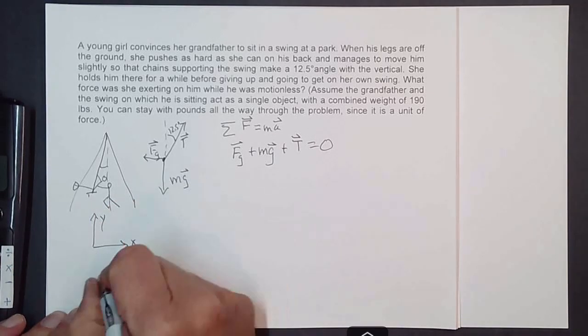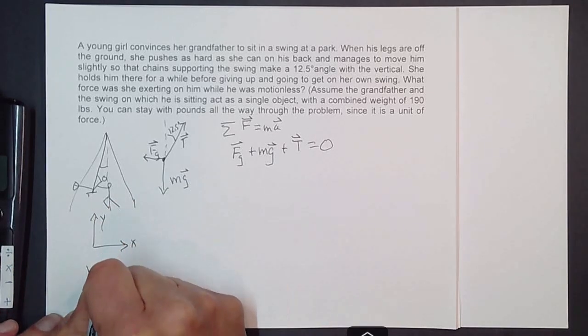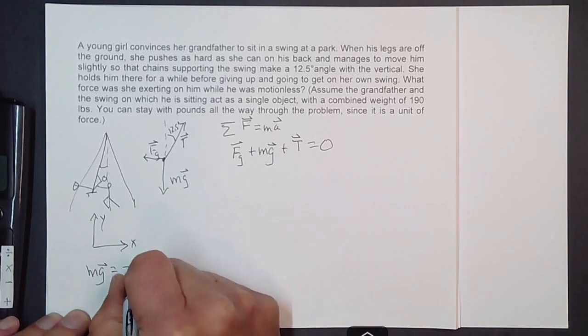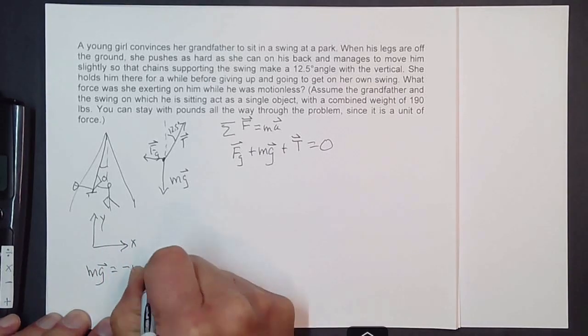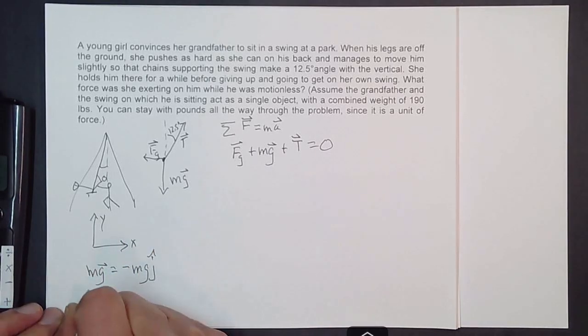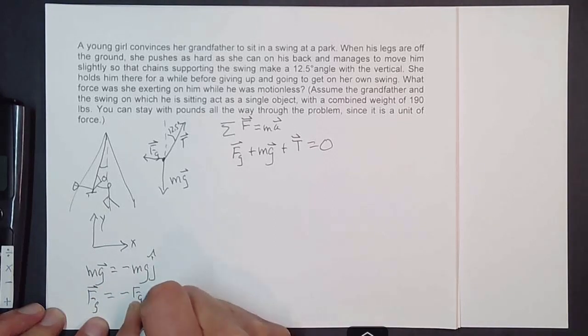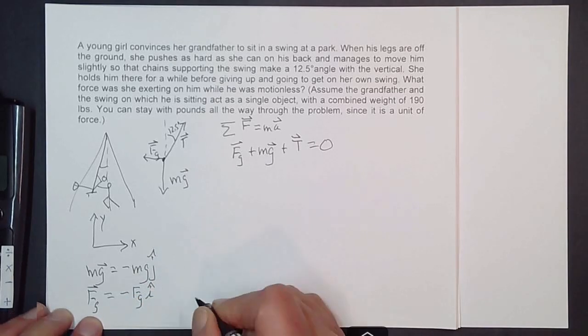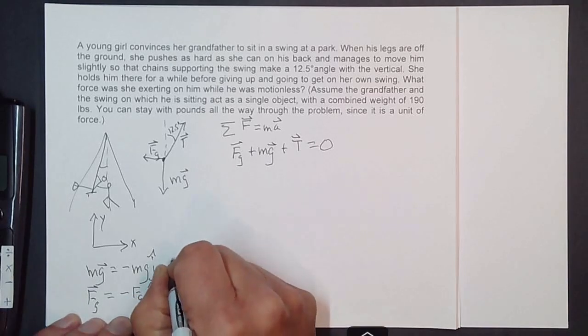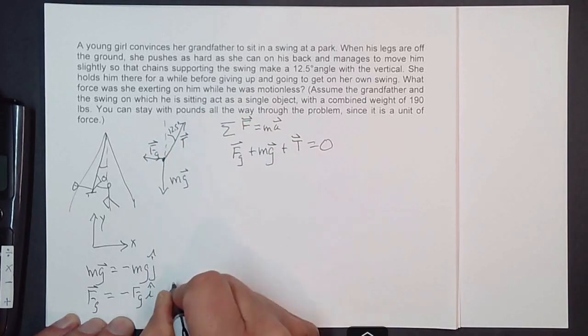In this coordinate system, mg would be minus mg in the j-hat direction. The force of the girl is going to be minus whatever force the girl exerts, in the i-hat direction. And then we'd have the tension, which is going to have two positive components.